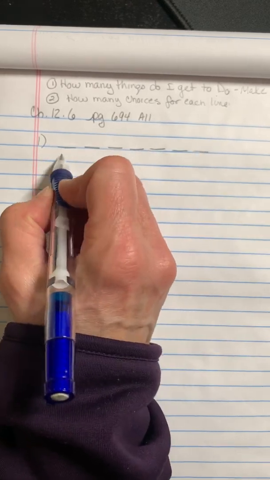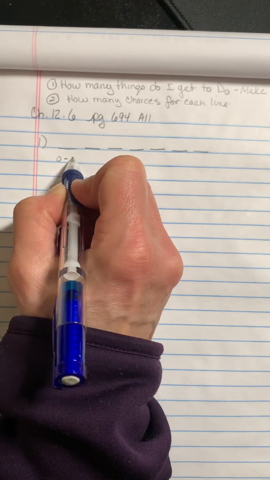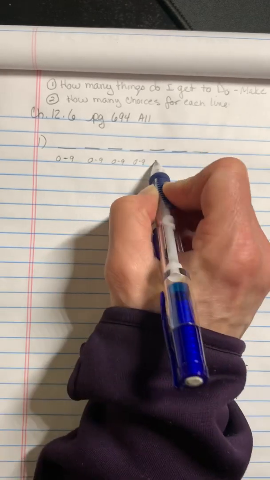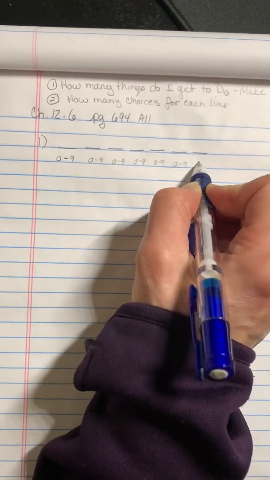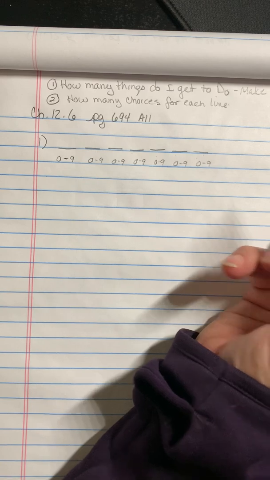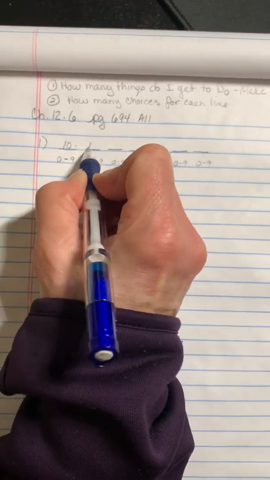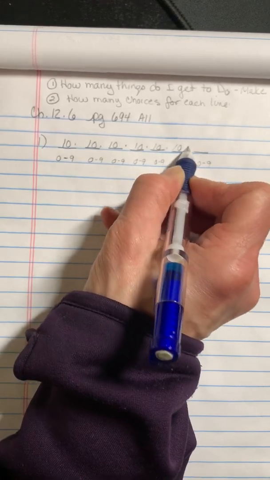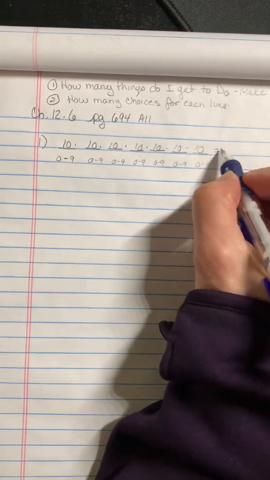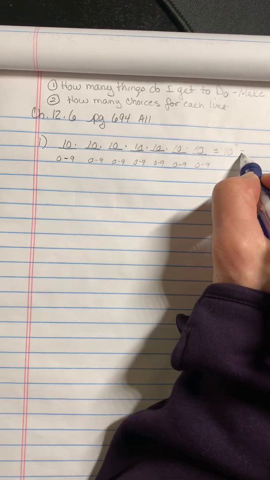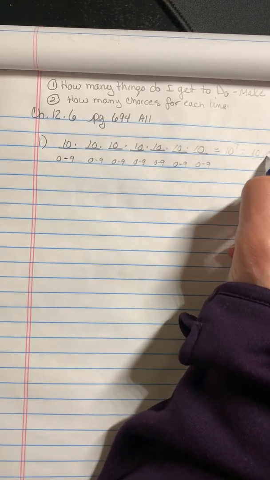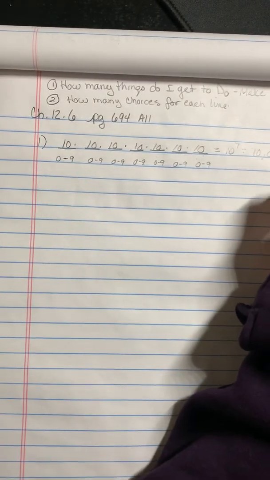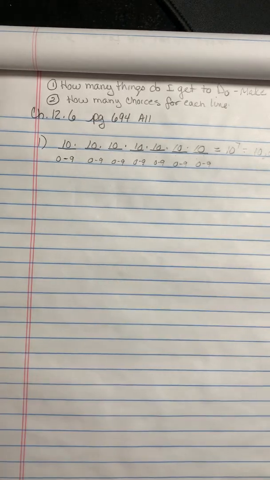Of the numbers I get to choose 0 through 9 for each, because it doesn't matter if I repeat my number. So I have 10 choices here, 10 here, and so on for all 7. So really, it's 10 to the 7th power. There you go. Those are how many outcomes you get, okay?